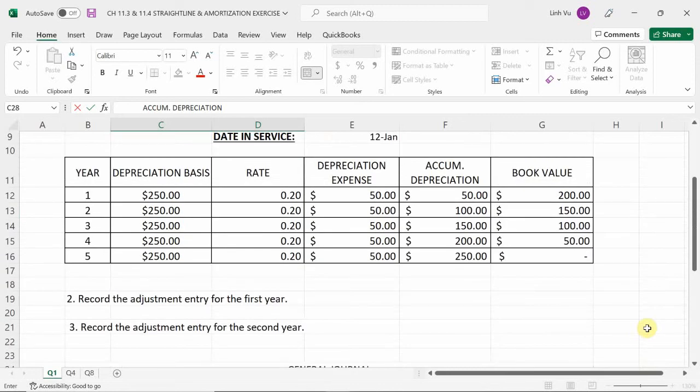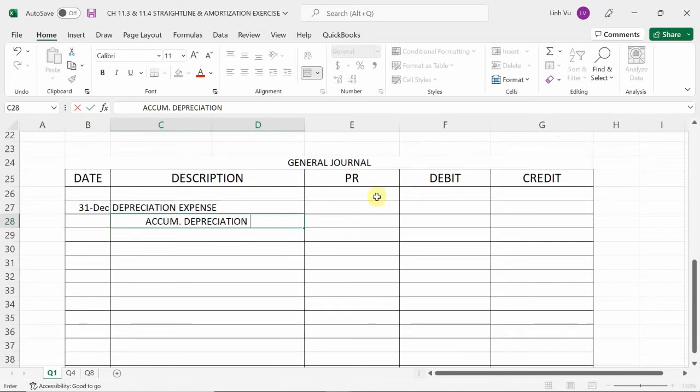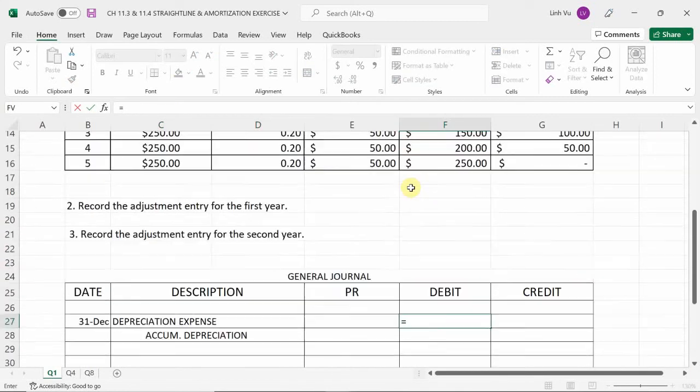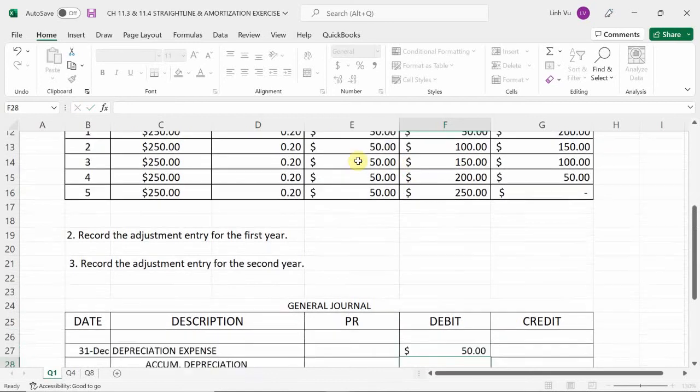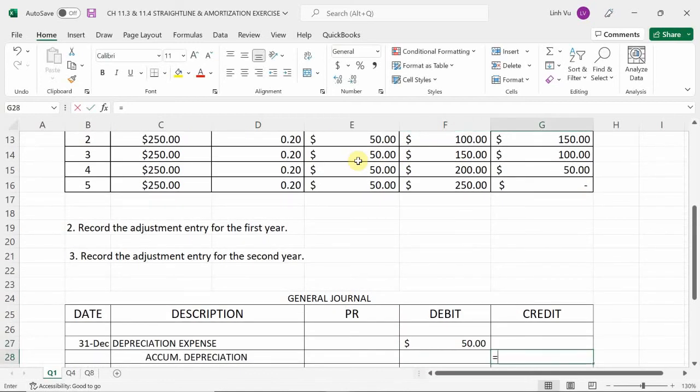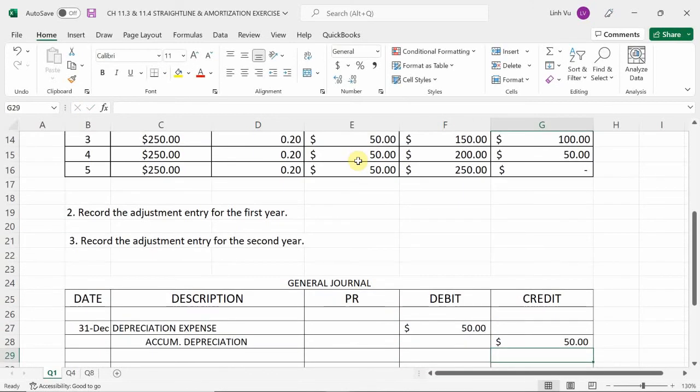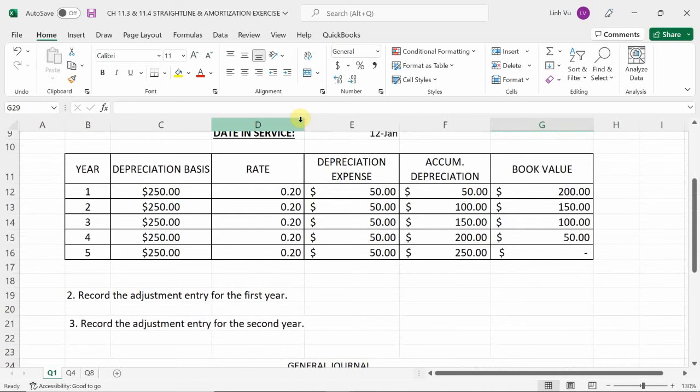And what was it for the first year? $50. Right, it was $50. So then what is it going to be for my second year?